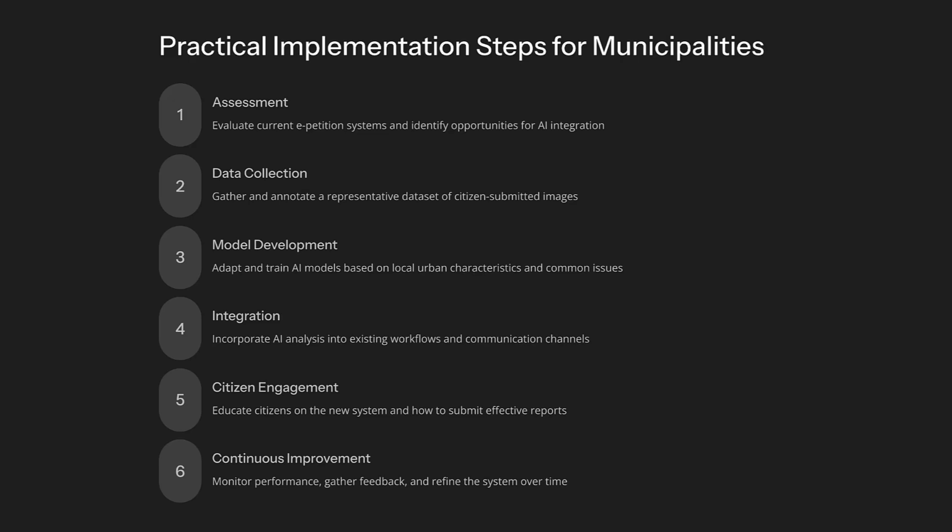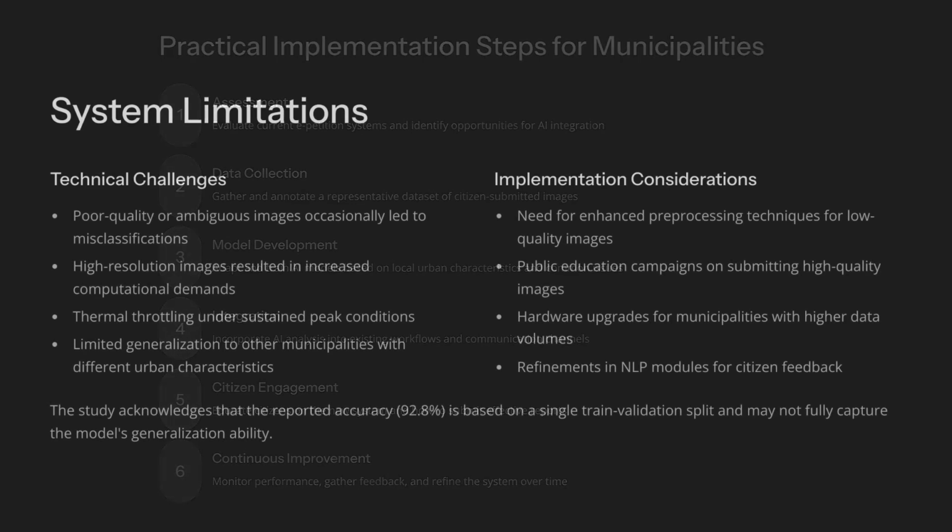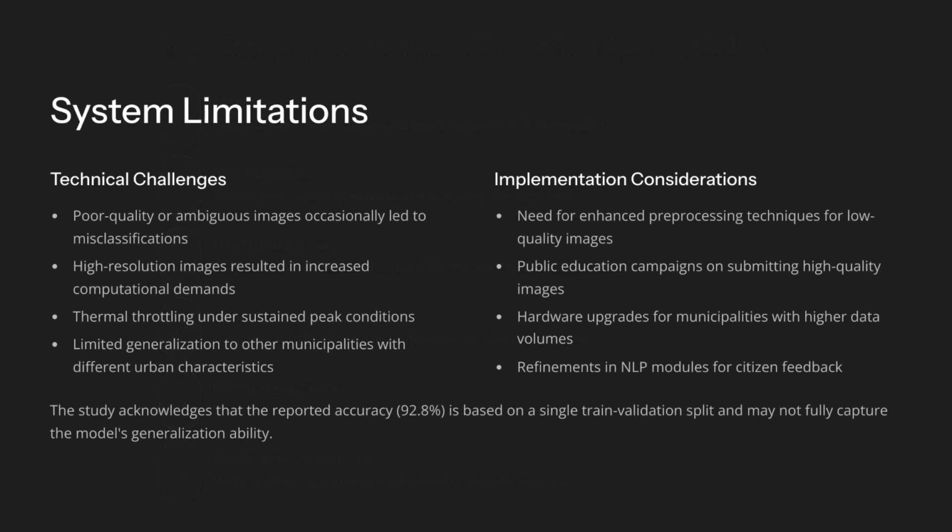Of course, no system is perfect. Did the study mention any limitations or challenges? Oh, absolutely. It's presented as a proof of concept, and they're realistic about hurdles. Things like dealing with blurry photos or pictures taken at night. Poor image quality is a challenge. Sure, people send all sorts of pictures from their phones. Right. Also, ensuring the AI model works well in different cities with different types of buildings, street furniture, local issues.